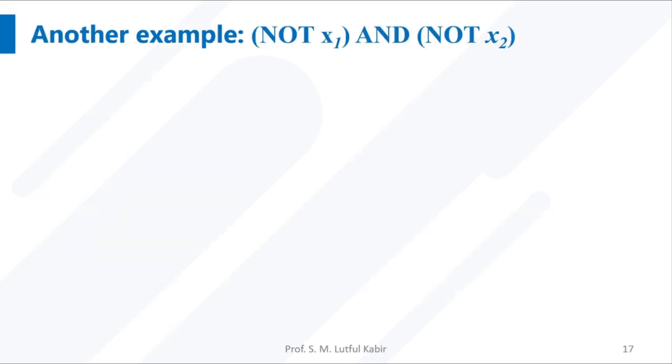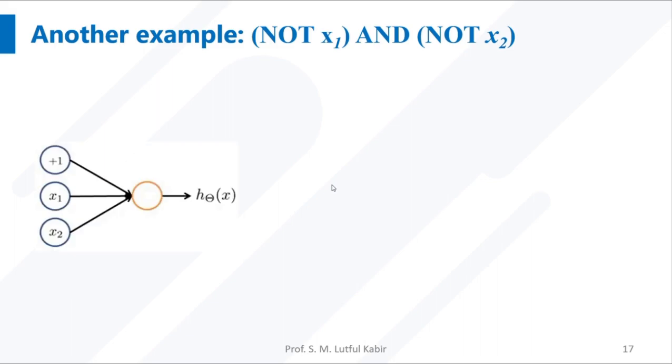Let us now take the example of not x1 and not x2. Whether a neural network can be designed to solve this logical equation. So this is the diagram for the neural network. x1, x2 is the input and h theta x is the predicted value and 1 is the bias unit.